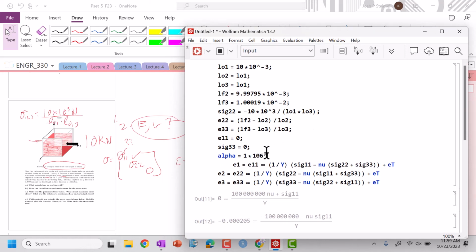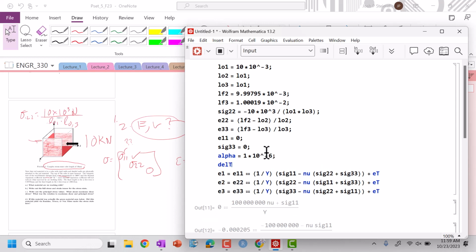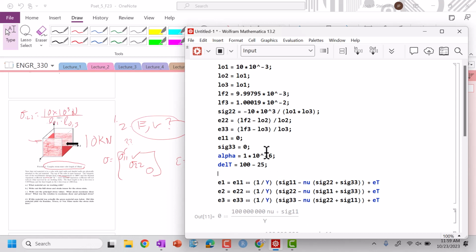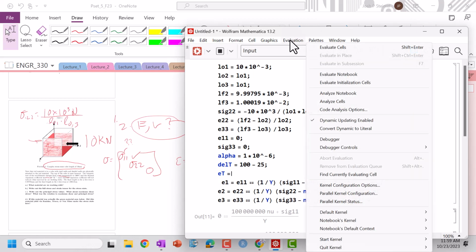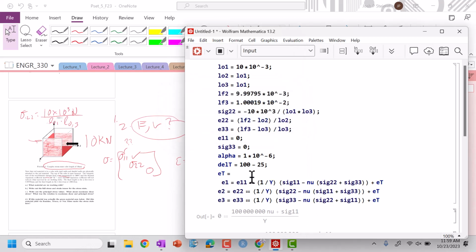Our del T is the final minus initial, so we rose from room temperature to 100, so 100 K minus 25. K or C, they're interchangeable because of that conversion. ET is equal to alpha times del T. And we can go ahead and just run this.